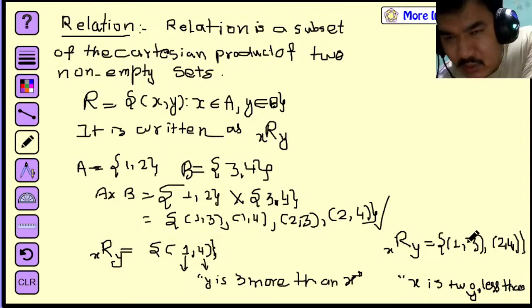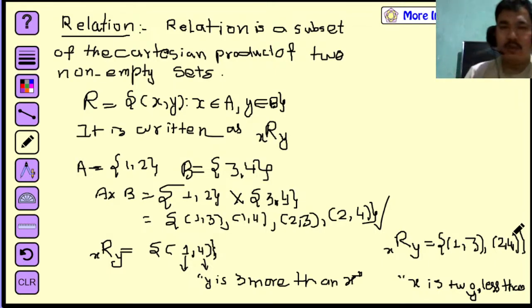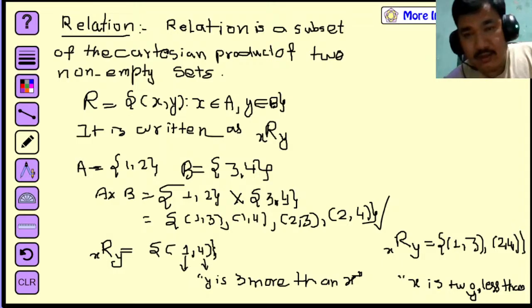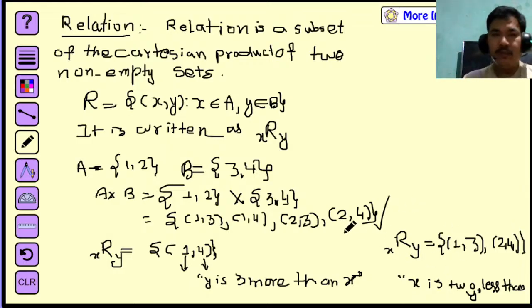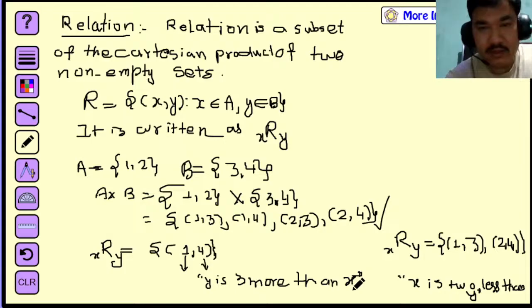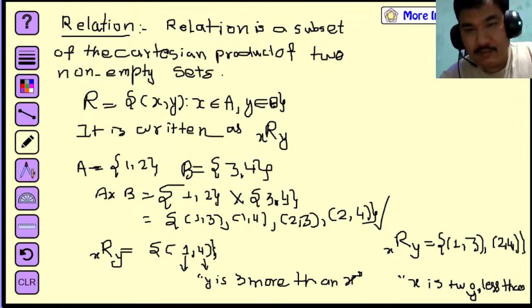Here also x is 2 less than y, and this also. Like this we selected the ordered pairs which satisfy this relation. I hope by this definition you are becoming clear about relations. And don't forget that a relation is a subset of the Cartesian product. Okay, children.